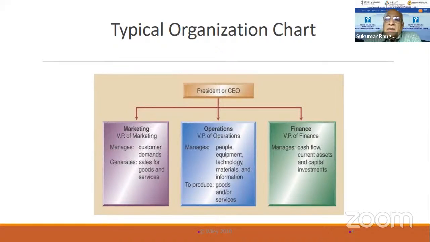There can be other functions like HR, depending upon the size of the organization. There can be systems or management information systems, and maybe many other things depending upon the particular need of the organization.